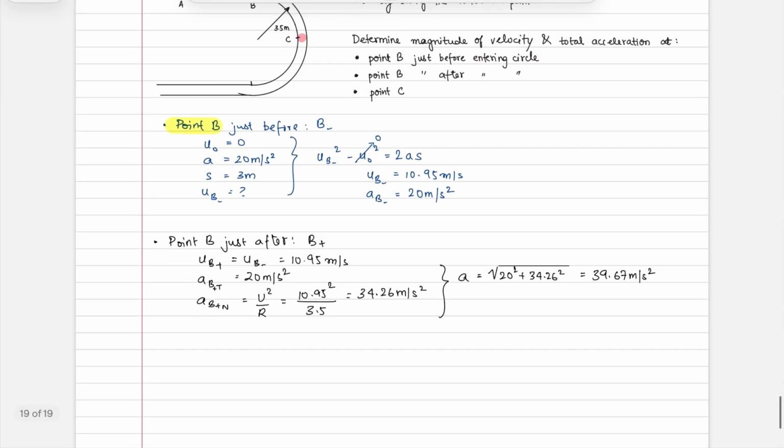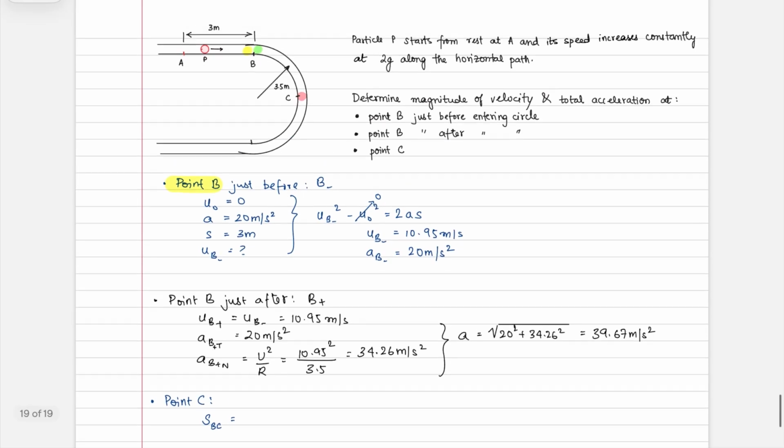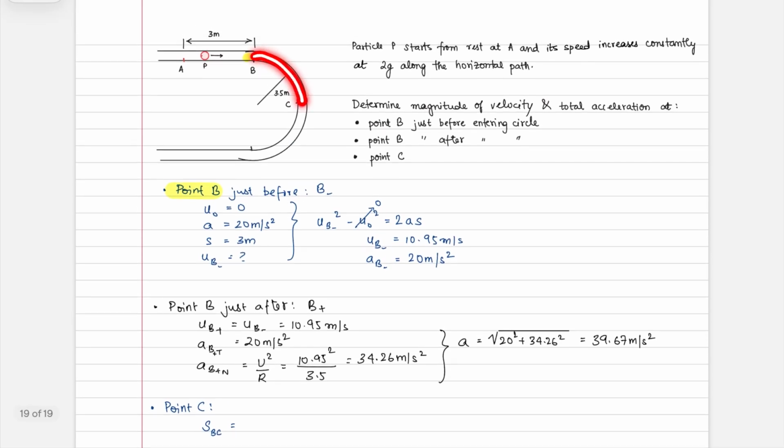The next part of the question asks for point C, which is after executing circular motion for this 90 degrees, what is the distance that is covered? So S from B to C is essentially the arc length, right?